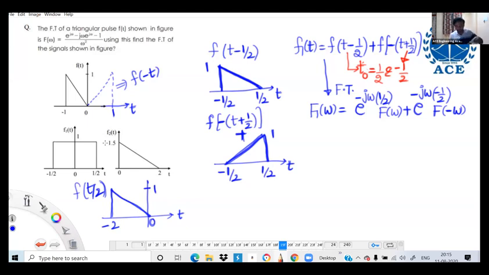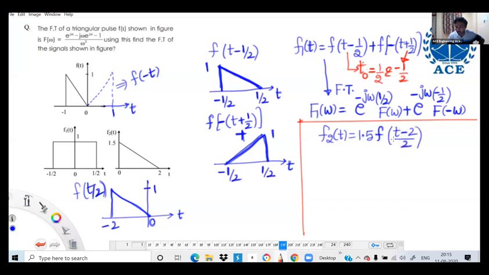So you can say F2 of T as 1.5 F of (T minus 2) by 2.